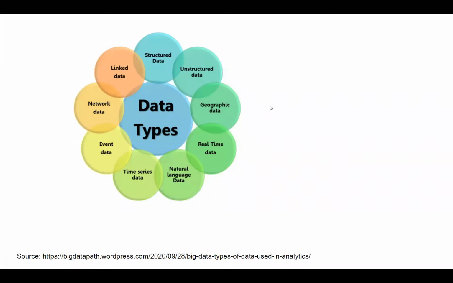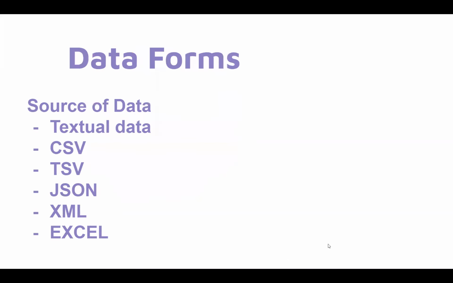So this summarizes the kinds of data you may encounter as a data analyst. I took this image from this website. Data formats, and it has a typo here; I hope it's data formats.